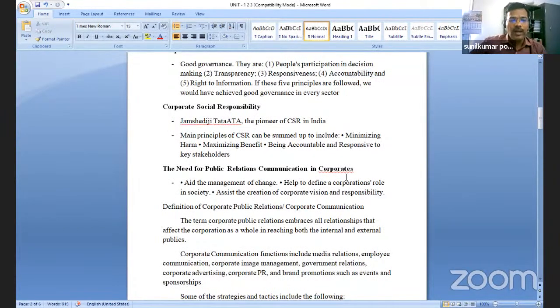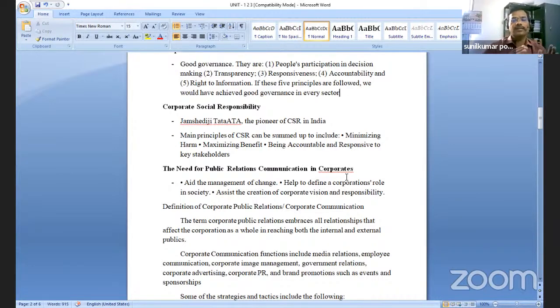Another one is corporate social responsibility. This term was first introduced in the Tata companies by Jamshedji Tata, the pioneer of CSR in India. The short form of corporate social responsibility is CSR.